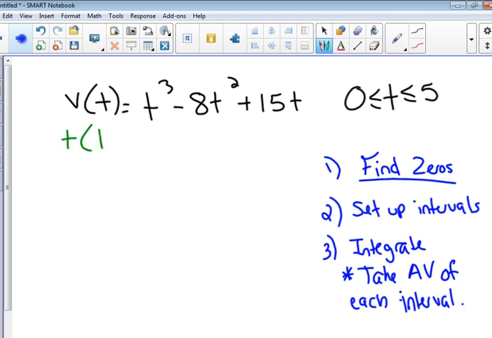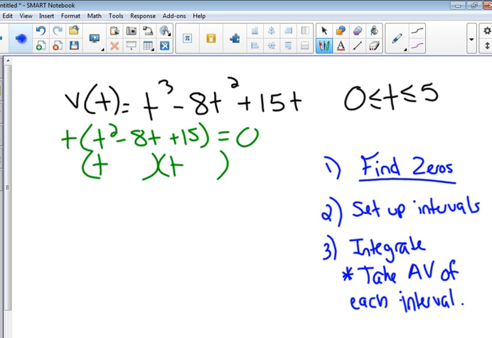Alright, let's just make sure we're all on the same part. Hopefully you guys are taking out a GCF. Right? So we got t, t minus 3 and t minus 5. When we set them all to 0, we got t equals 0, t equals 3, t equals 5. Now, think about where you guys want to go.